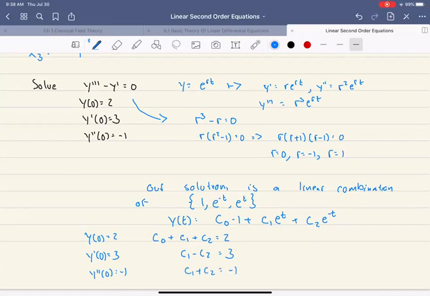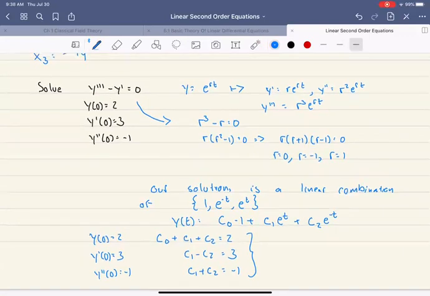So we get a system. Incidentally, you can solve this. I solved it earlier to get c0 equals 3, c1 equals 1, and c2 equals negative 2.